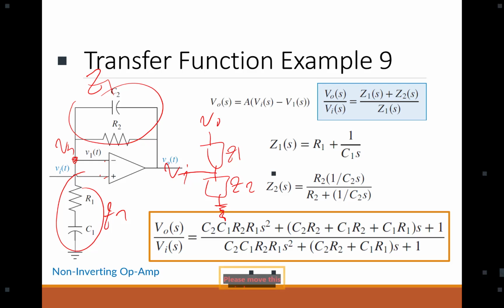Make sense? So now you have the relation between the output and input. Solve. You know what I'm saying? So if you practice, this crazy circuit can actually be analyzed and modeled within a minute. Are we good?